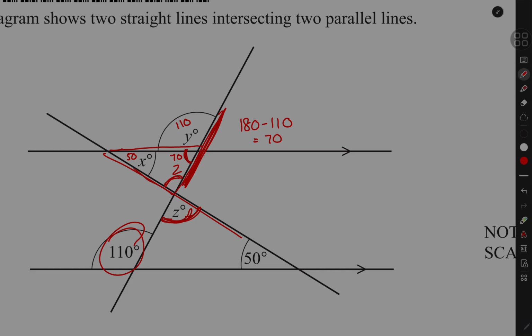Now this is a triangle, and I know that all of the angles in a triangle will sum up to 180. So 180 is equal to 50 degrees, that is x, plus 70 degrees that I got from subtraction, plus the angle z. So 180 minus 50 minus 70 is equal to z. 180 minus 50 is 130, minus 70 is 60.